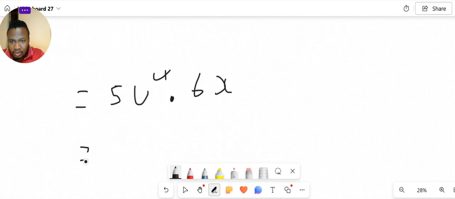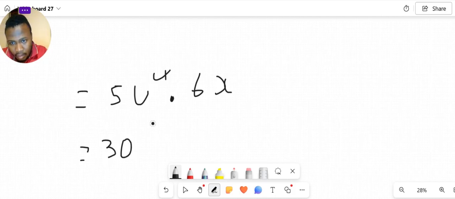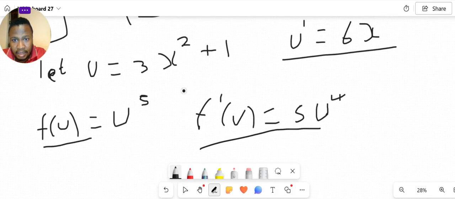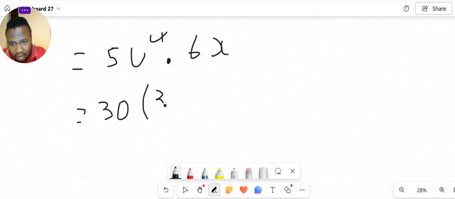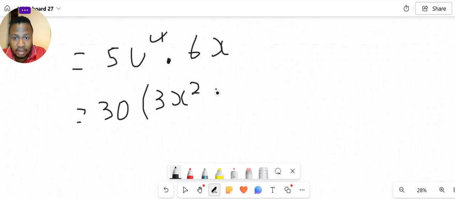So this will be equal to, let me just take the constants. What is 6 times 5? This will give me 30, multiplied by 3x squared plus 1, all to the power 4, multiplied by x.